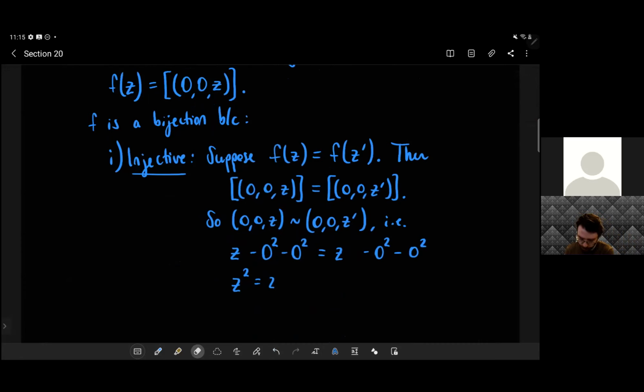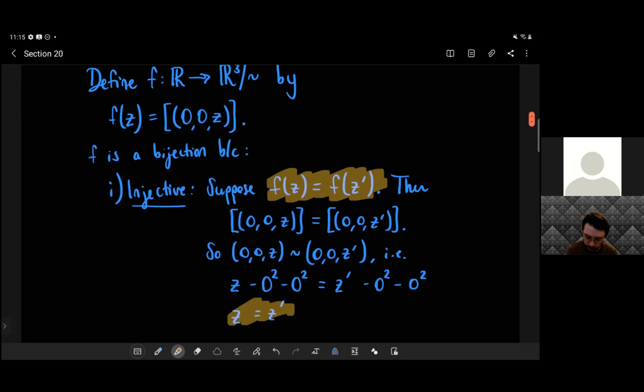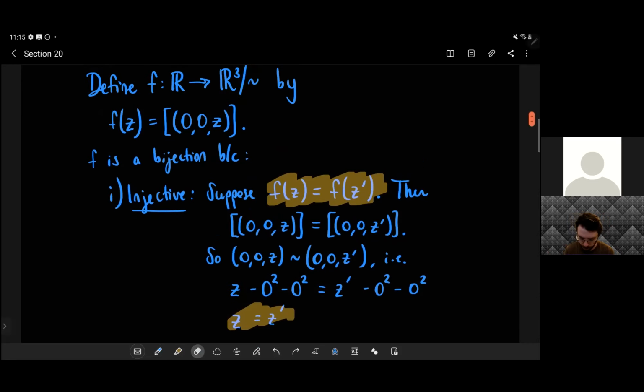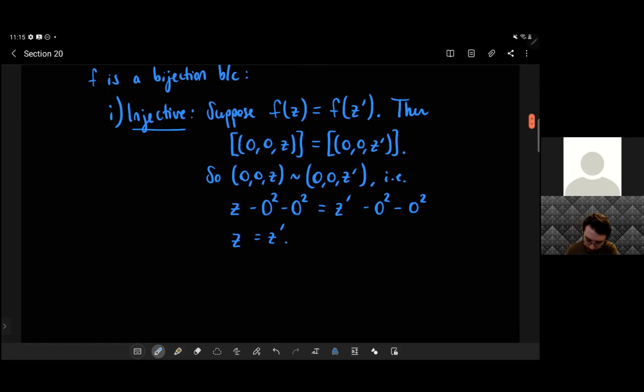That would kind of ruin things. Okay, so maybe the notation isn't too bad after all. So that straight up implies z equals z prime, which is exactly what you want. You start with f of z equals f of z prime, you get z equals z prime, you're injective. That's why I like this direction better, starting with the real number and spitting out the equivalence class. It just feels more natural to me. But both ways work, as we saw in the previous example. Now to surjective.